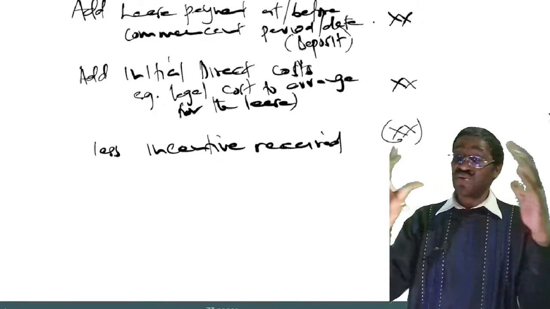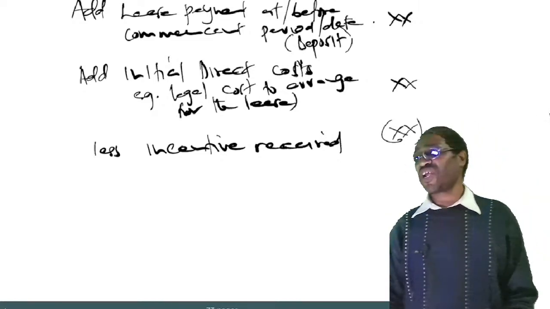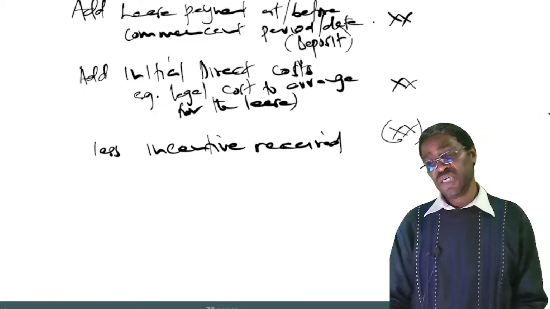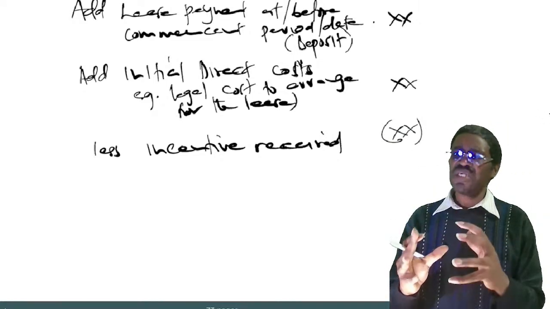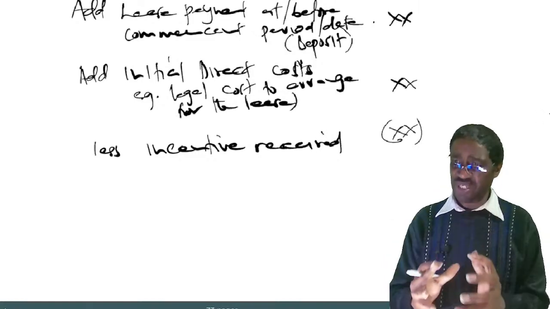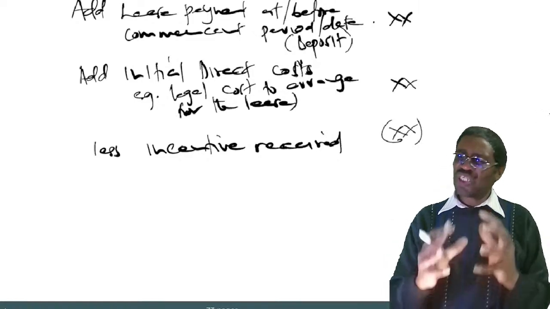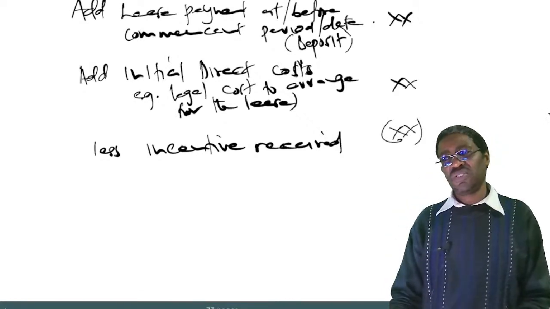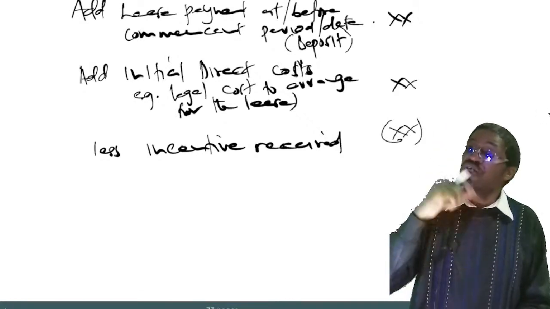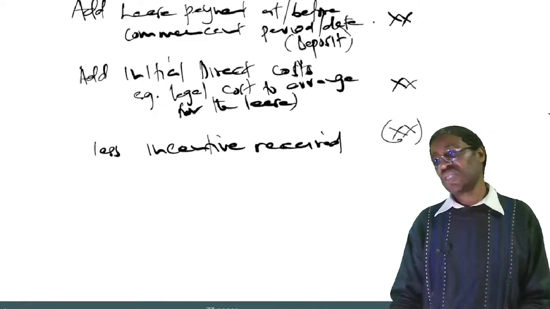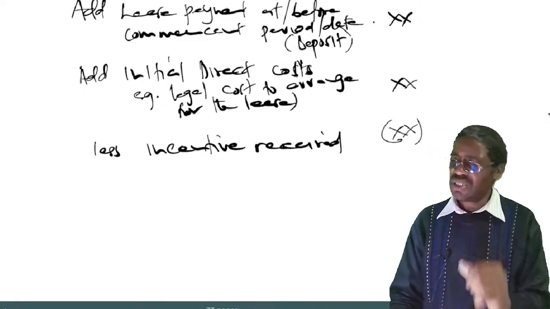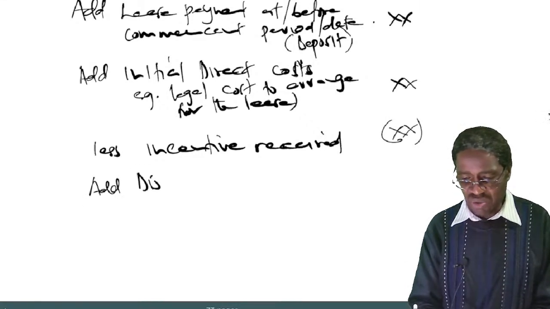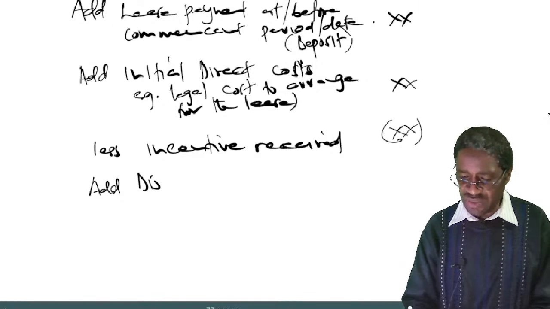Maybe it's a machine that was installed somewhere, and after 10 years of the lease, it has to go back to the lessor. And it will cost you maybe to dismantle that machine. So whatever it will cost you at the end of the lease period to dismantle that machine, that's another cost. So you come and add any amount we are calling dismantling.